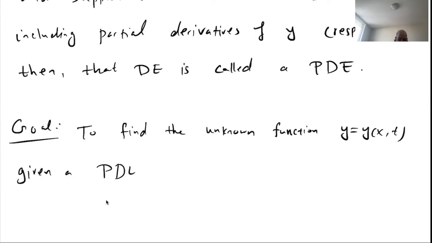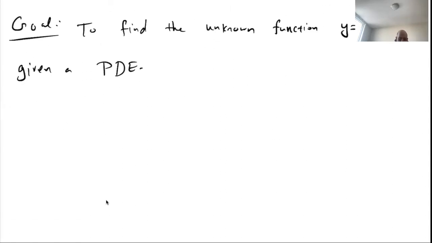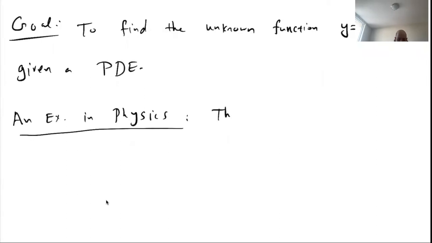Given a partial differential equation, the goal is to find y. Now, an example of a PDE in physics, a famous example in physics, is the wave equation.